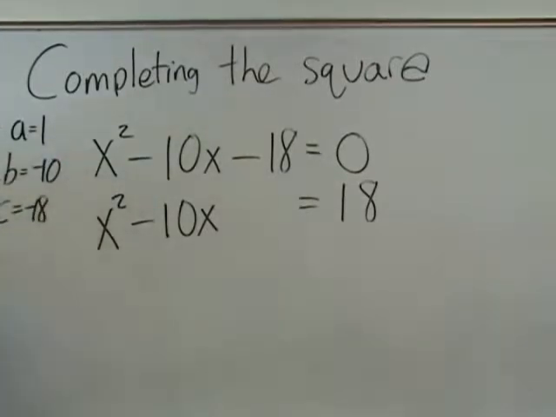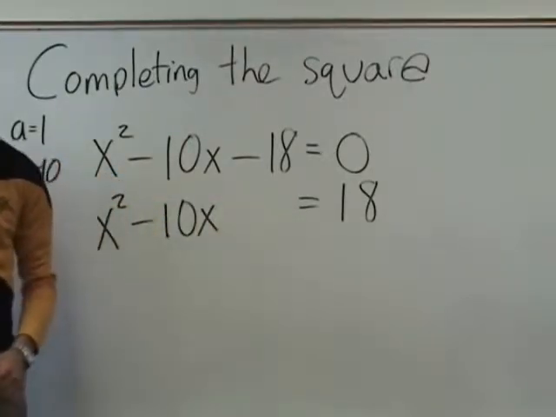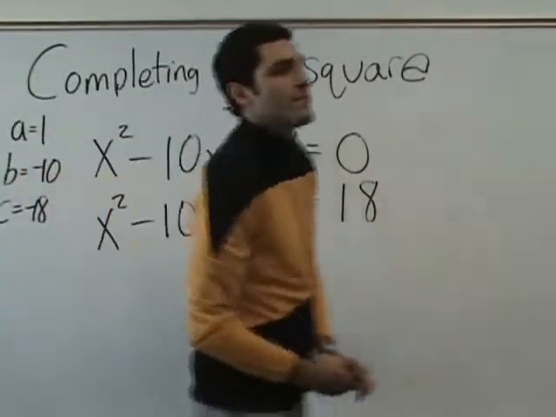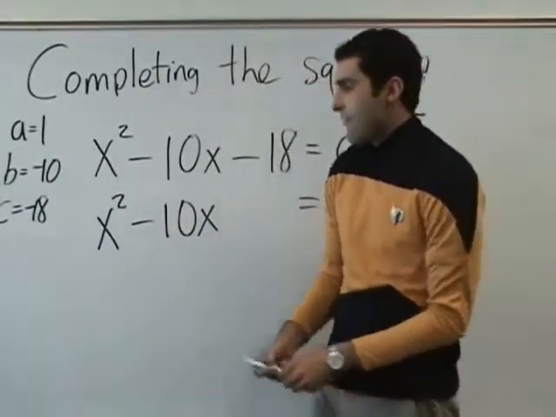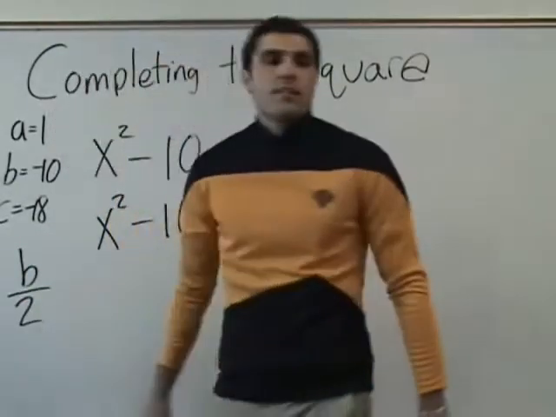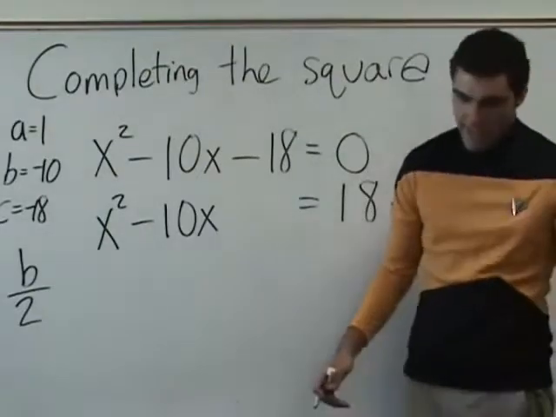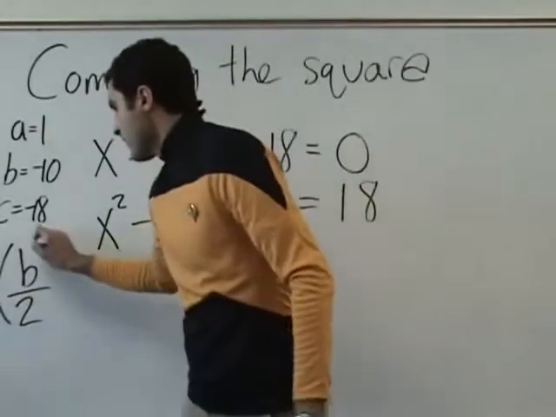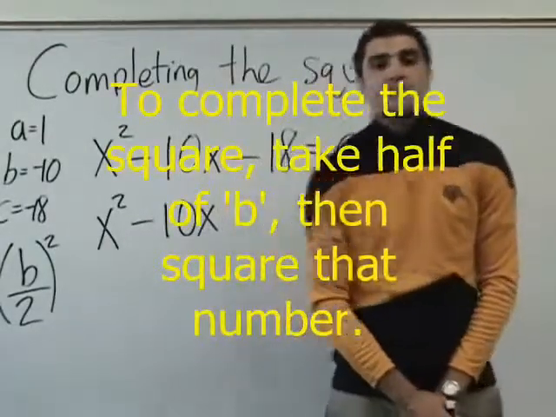For now. So this number here, you take B, you half it. What's half of B? Negative 5. Correct. So you take B and half it. That's B over 2. Then you take that number, negative 5, and you square it. So 25.